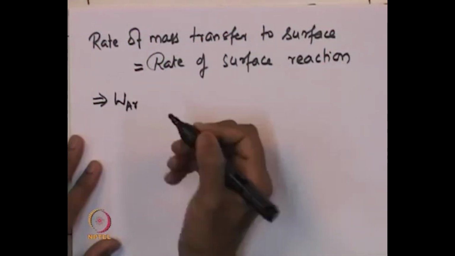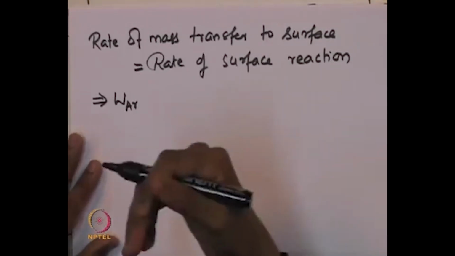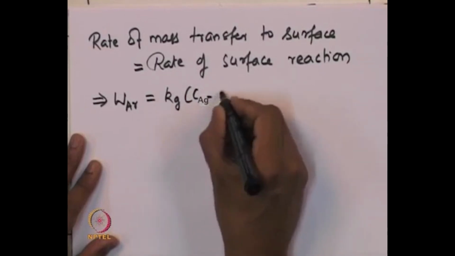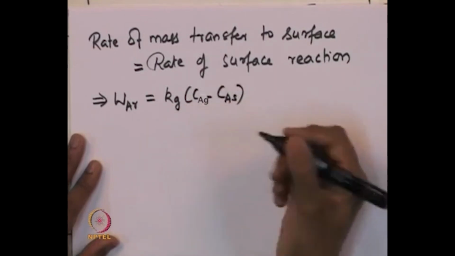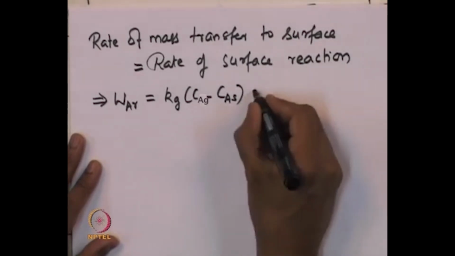So, we can write that WAR, the flux at which the species is traveling from the bulk phase to the surface of the solid, is equal to Kg into Ca minus Cas, where Ca is the bulk concentration and Cas is the surface concentration.